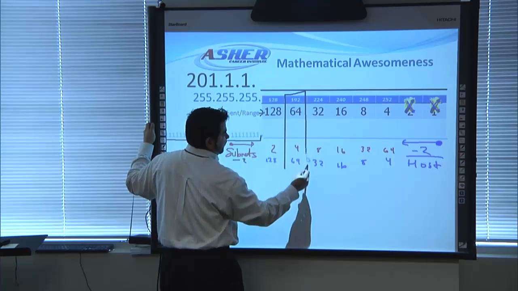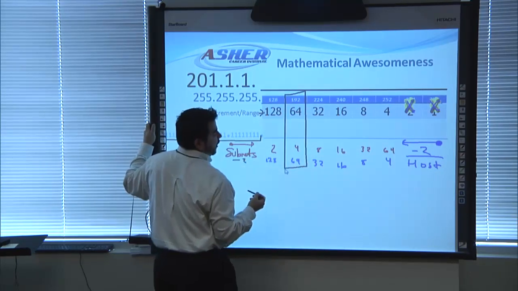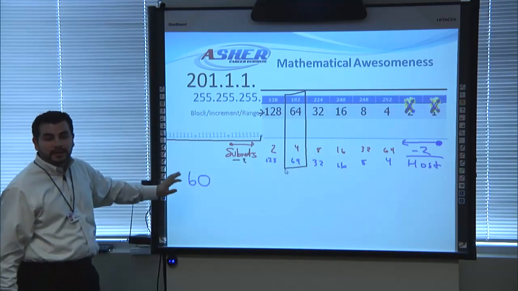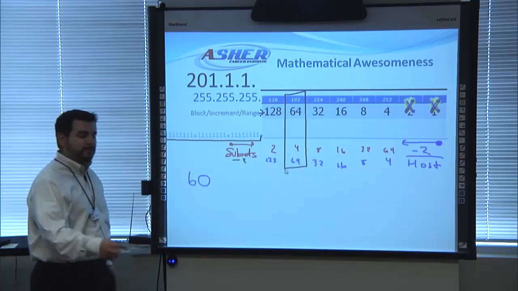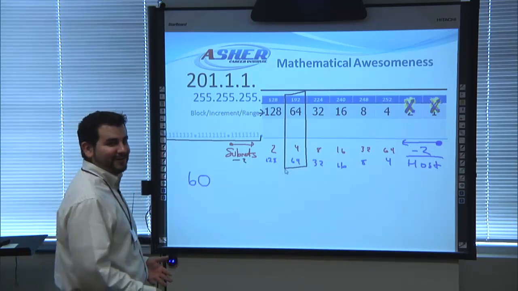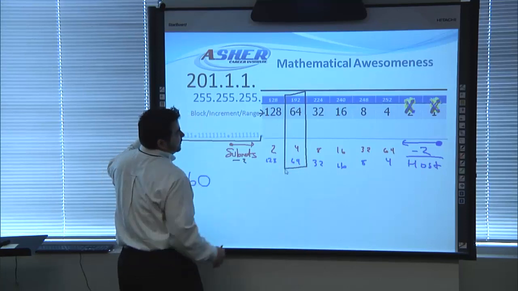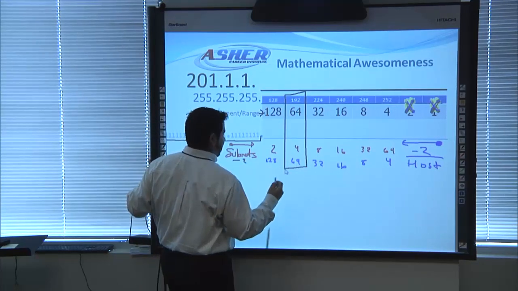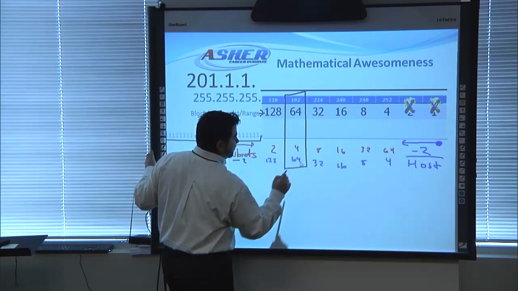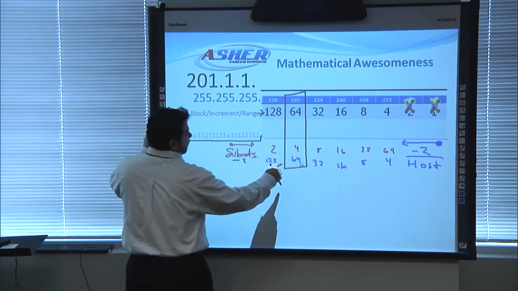So 64 would give me how many hosts for my network? 62. So I could technically have 62, which works out perfect because if I need 60 computers, well, I need a router too, so I just put the router up there. So I have 64 here, and that looks like a 9, doesn't it? Yep. Not much better, but it's a 64.